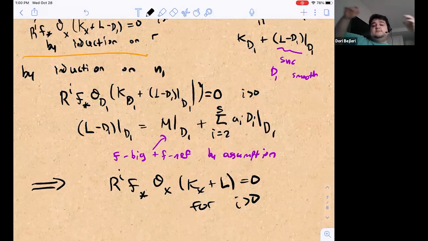If we're at least in the smooth SNC case, then we have to assume that essentially M restricted to each of our divisors with coefficient 1, but really to our log canonical centers, is still big.